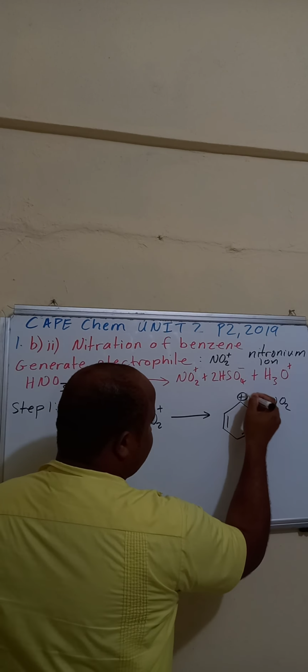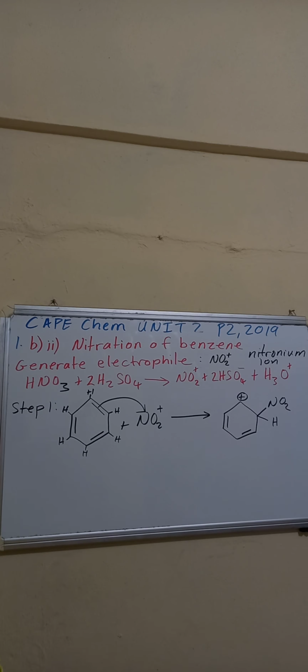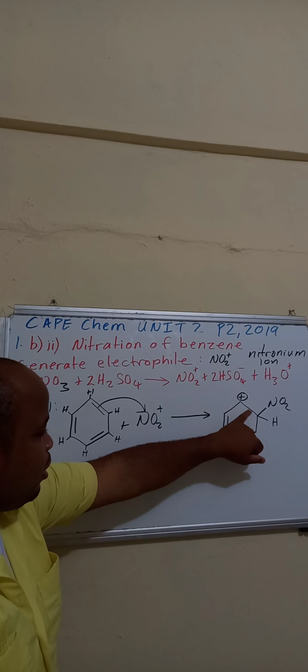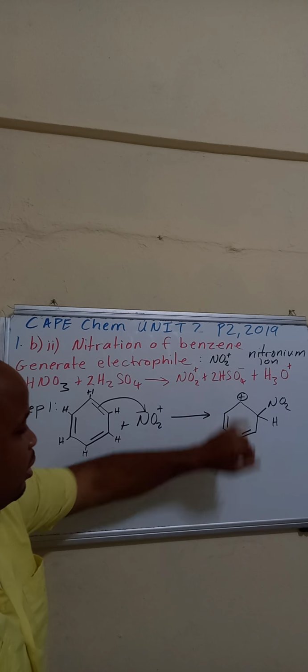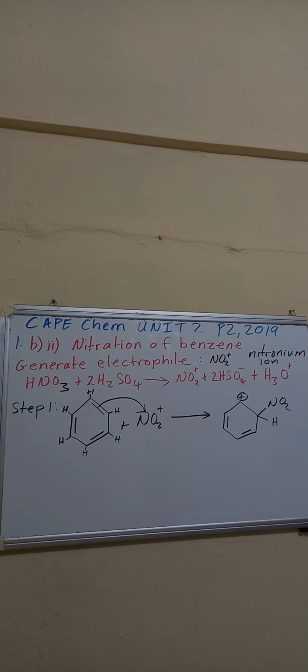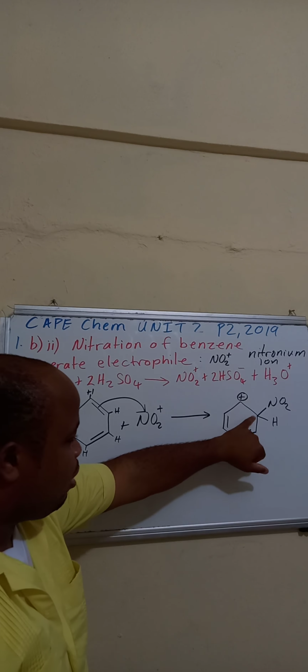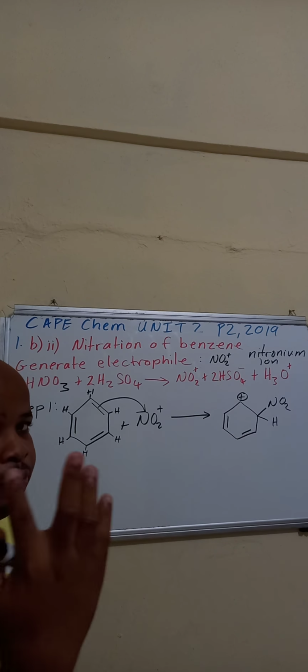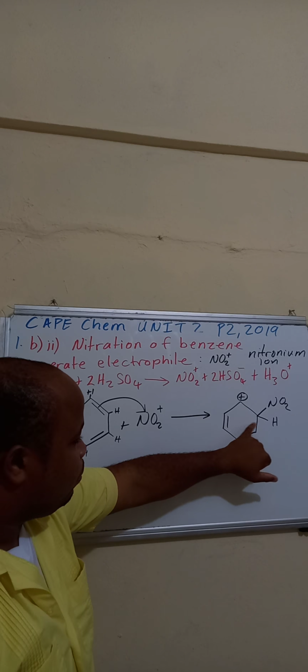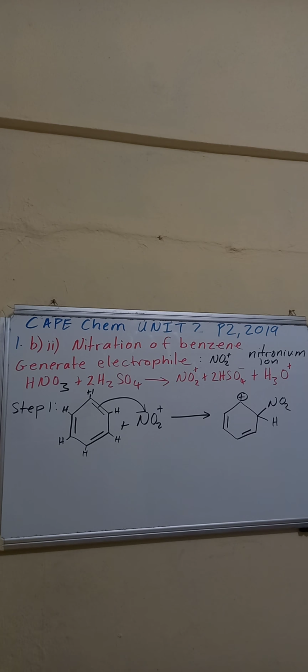So it would have a positive charge. Where you break the double bond, that carbon will have 3 bonds, so you must put a positive charge over it. The carbon with the NO2 has 4 bonds: 1, 2, 3, 4.